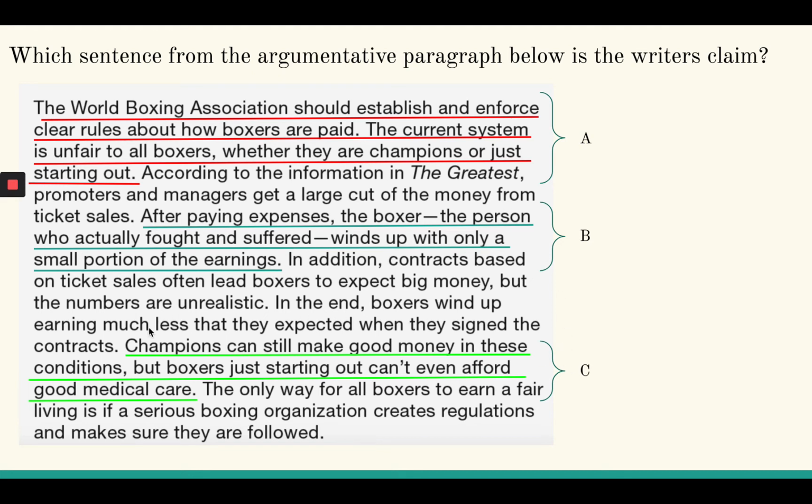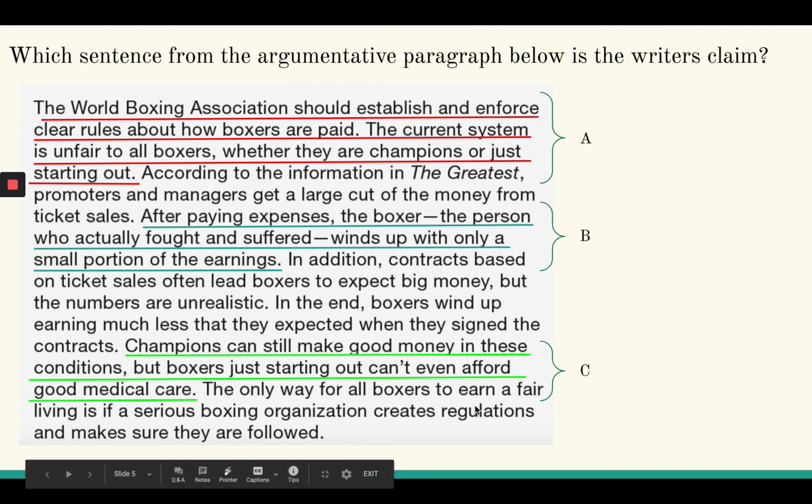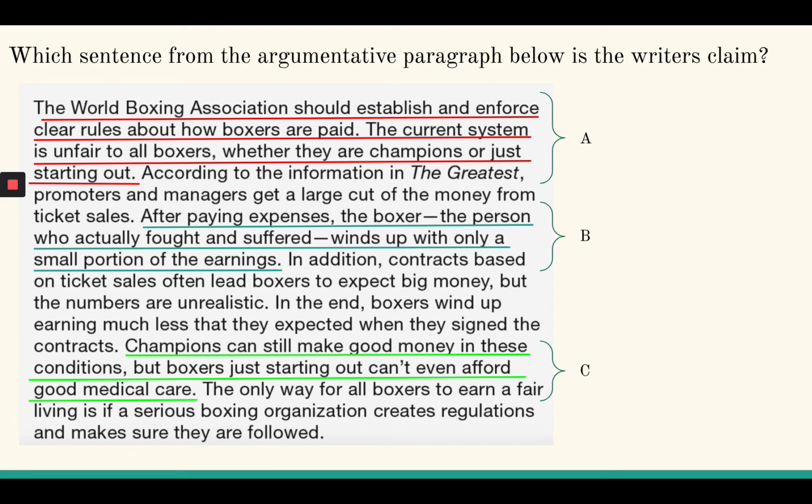And C, champions can still make good money in these conditions, but boxers just starting out can't even afford good medical care. So again, remember, a claim picks one side of the topic, makes a clear stance, and gives you one reason, right? So which of these have both of those components?